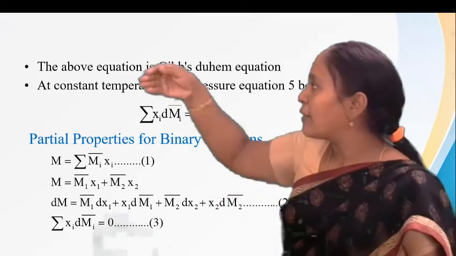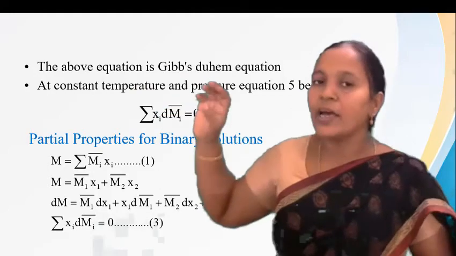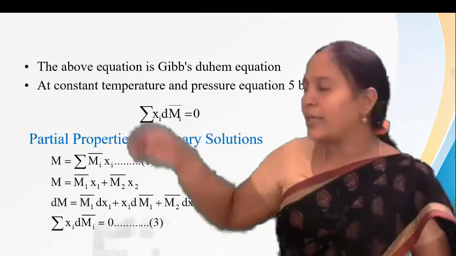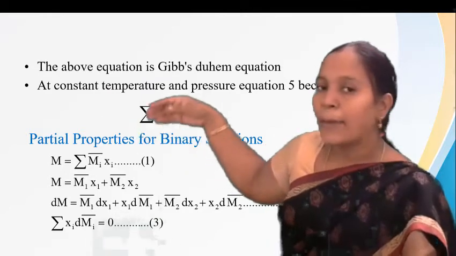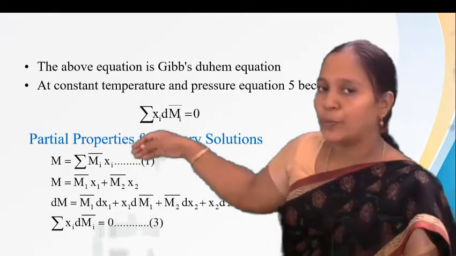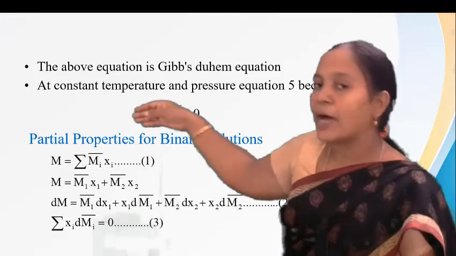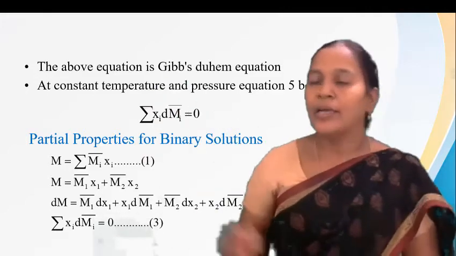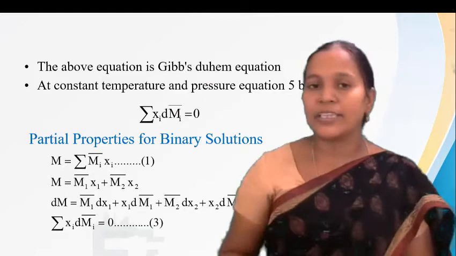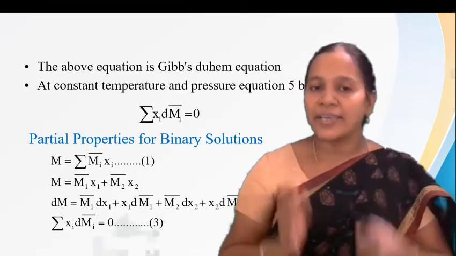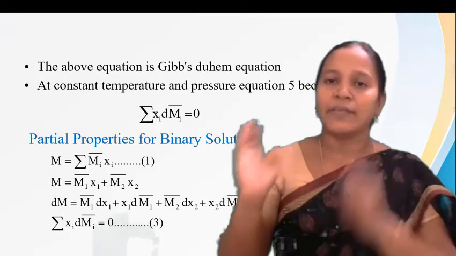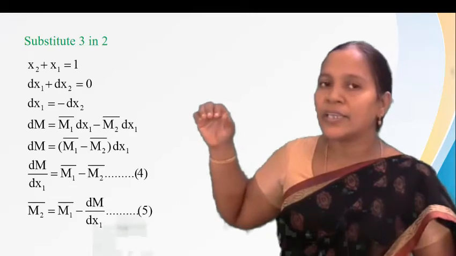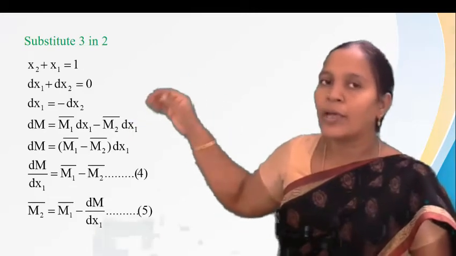Here we apply differentials on both sides of the equation. Therefore, dM is equal to M1 bar dx1 plus M2 bar dx2 plus x1 dM1 bar plus x2 dM2 bar, which is indicated with equation 2. Therefore, sigma xi dMi bar is equal to 0, which is indicated with equation 3. Now substitute equation 3 in 2.